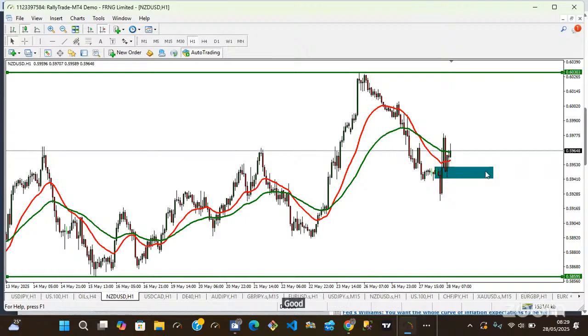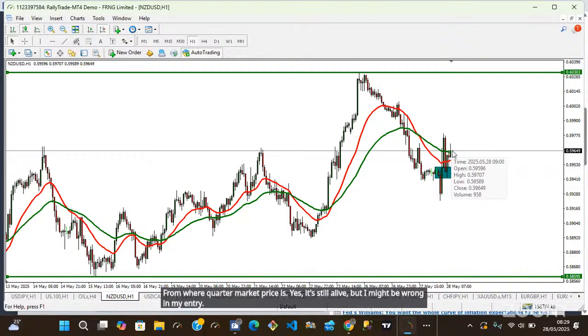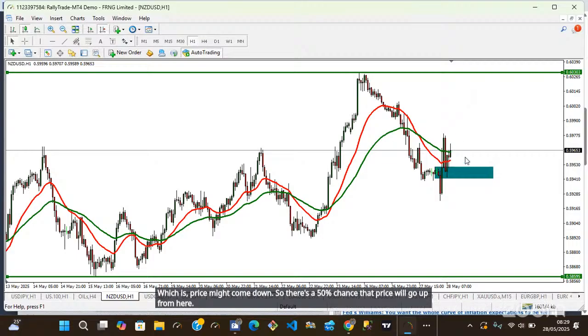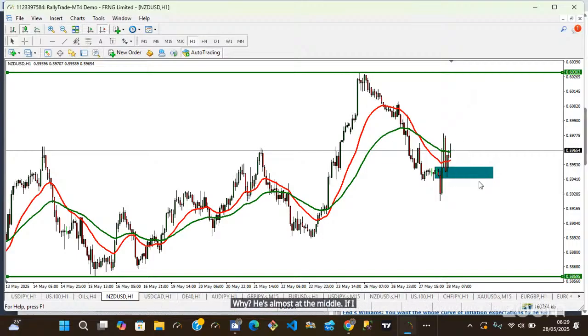What I mean is, if I take a buy from where current market price is, yes, it's still a buy, but I might be wrong in my entry, which is price might come down. So there's a 50% chance that price will go up from here. Why? It's almost at the middle. If I take a buy from here, which is lower, there is a 70% chance that price will go my way, which means there is still a 30% chance that I might be wrong in my entry, right?